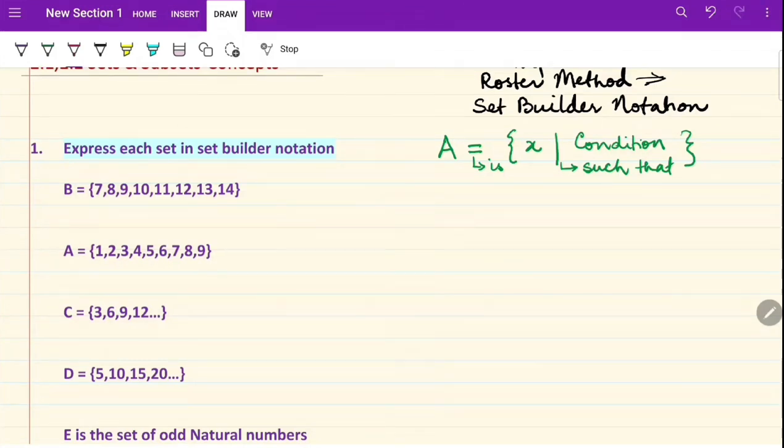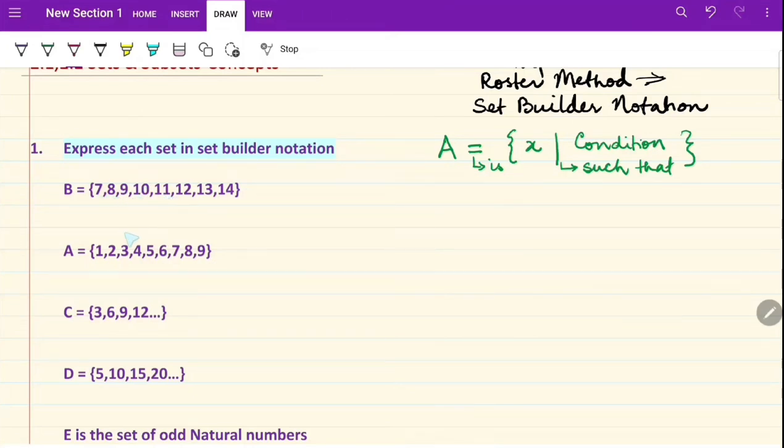So going to the first set given to us in roster form, B is, and then we have within the curly brackets a list of numbers which are the elements of set B. We have to convert this and rewrite it using the set builder notation, all right? But before that, let's study the elements.